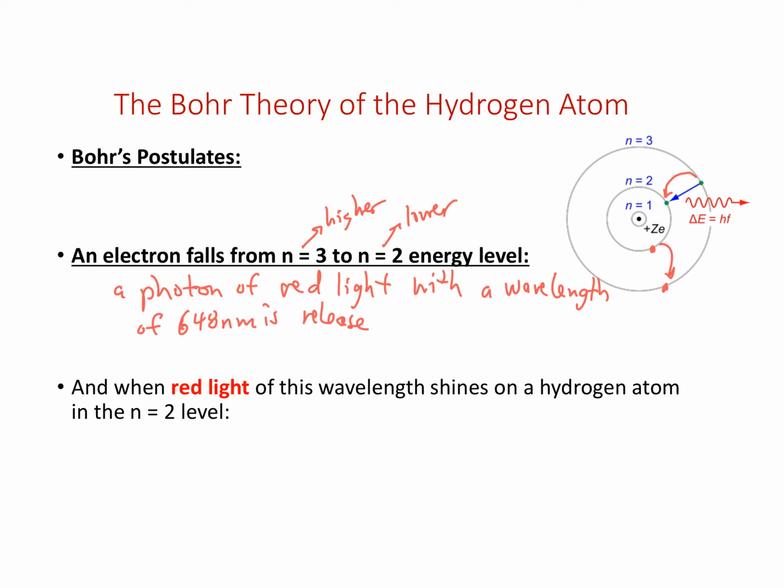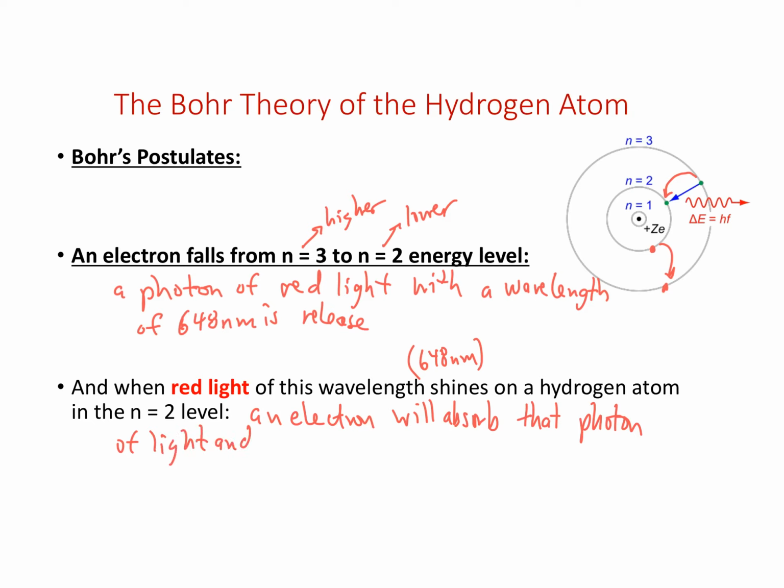So when a red light of this wavelength, right, 648 nanometers, shines on a hydrogen atom in the n equals 2 energy level, right, an electron will absorb that photon of light, absorb the energy from that photon of light, and be promoted from n equals 2 to n equals 3 quantum level.